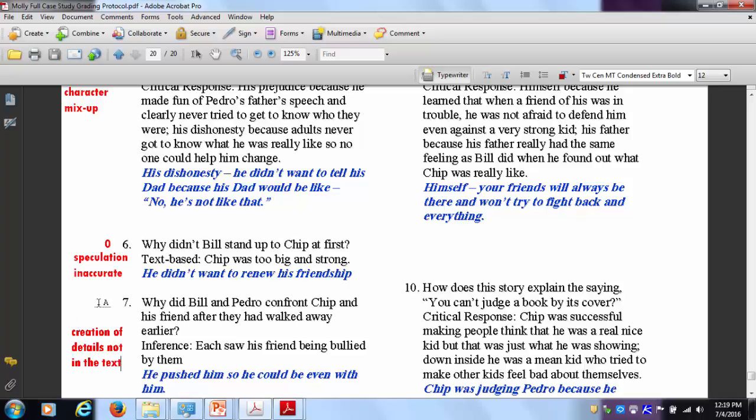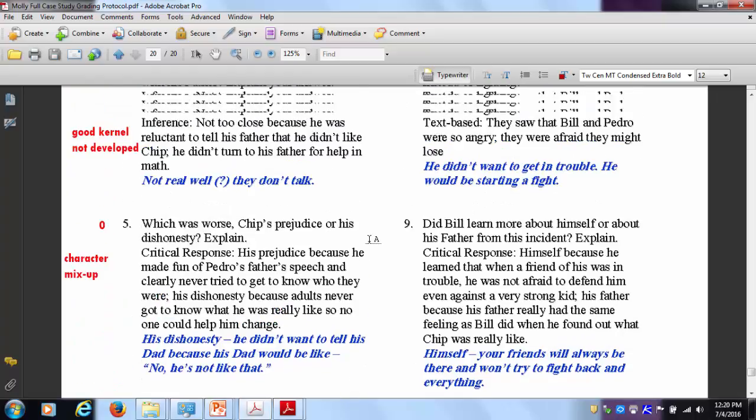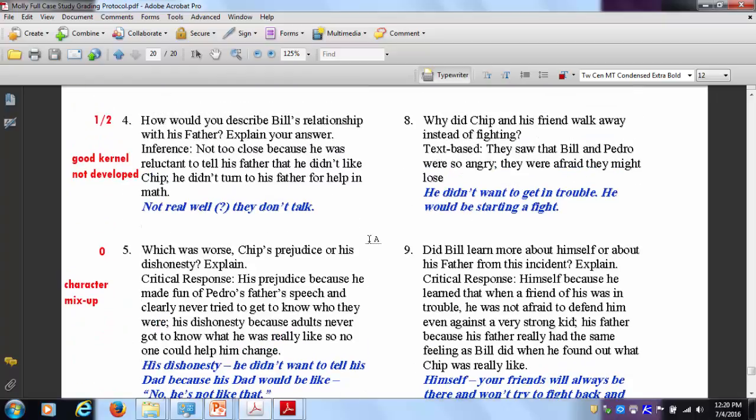That's what we call an author response. All right, so let's move to 8. Why did Chip and his friend walk away? This is a detail. Here again, she gives speculation that is inaccurate. So instead of recalling, she speculates with inaccuracy. So we have to give a 0.